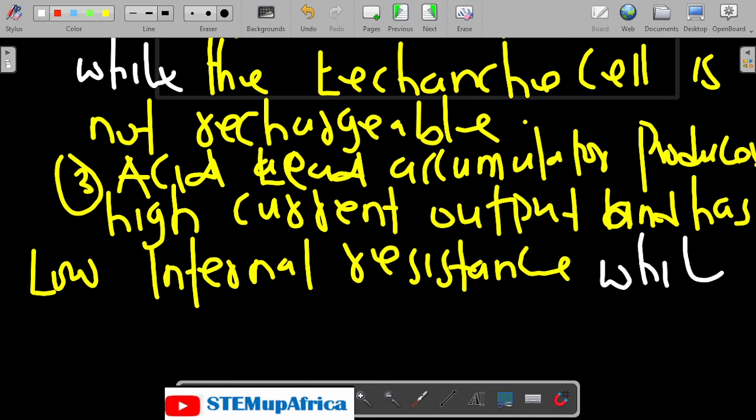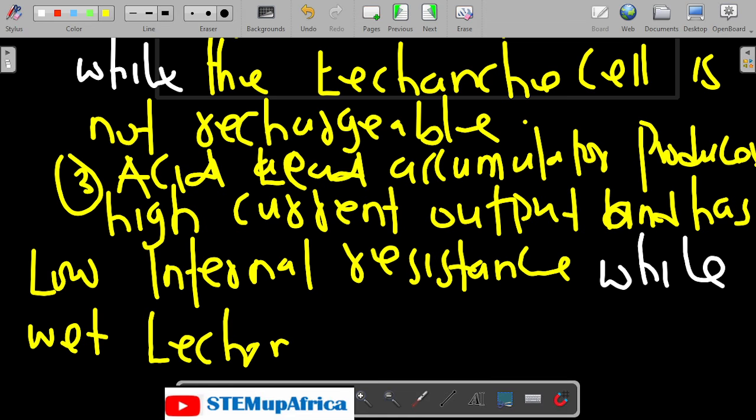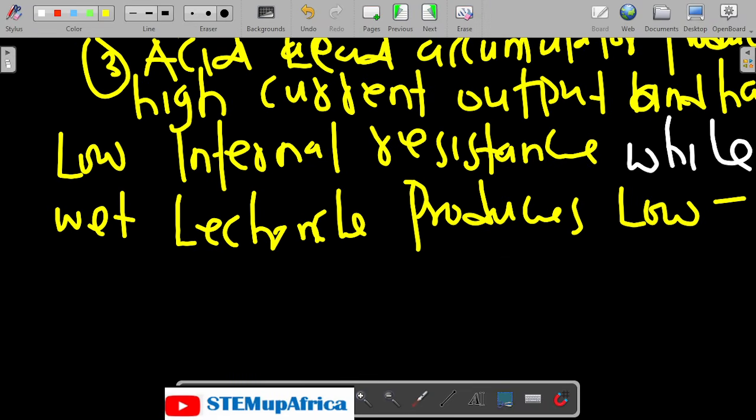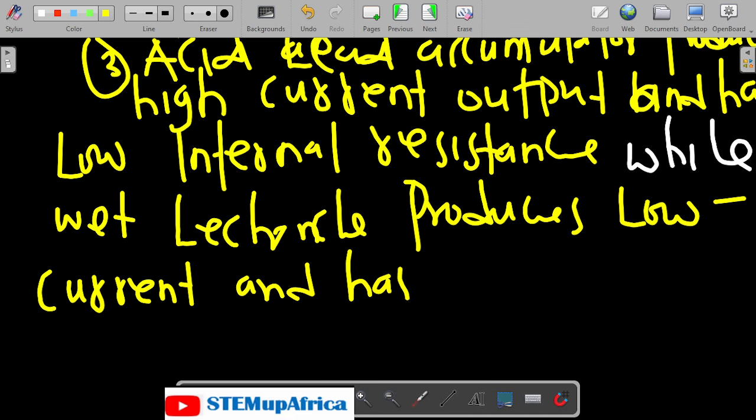The wet Leclanche cell produces low current and has high internal resistance. Okay, you can make it 4.